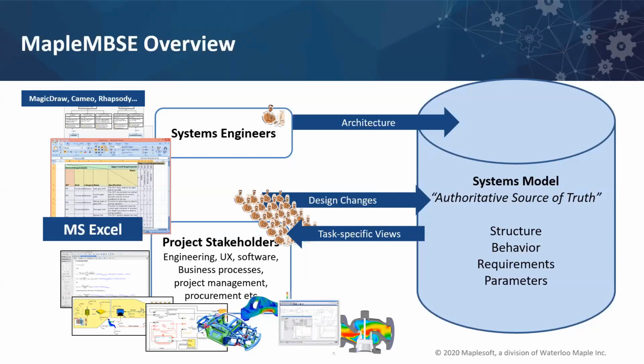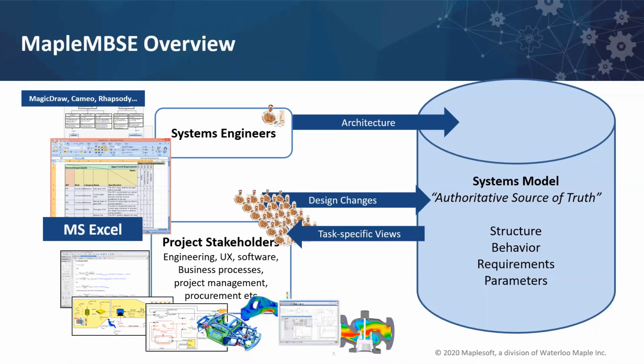So what MapleMBSE offers is you interact with the SysML model, you interact with the same information the system engineer has access to. You also always have the most recent changes, the latest changes that are available in this system model. And now you can provide the information in a more relevant way. So the information that is being saved from the stakeholders is relevant to the system model.